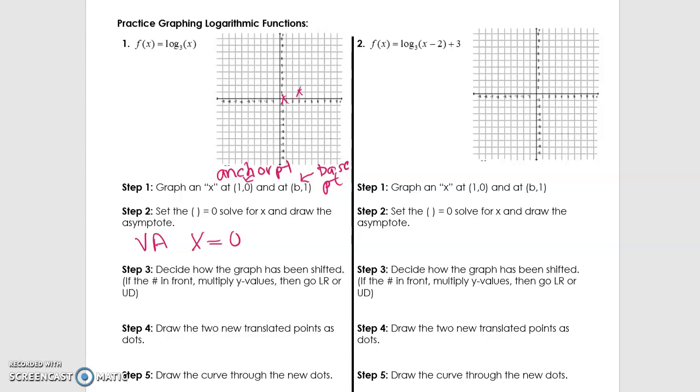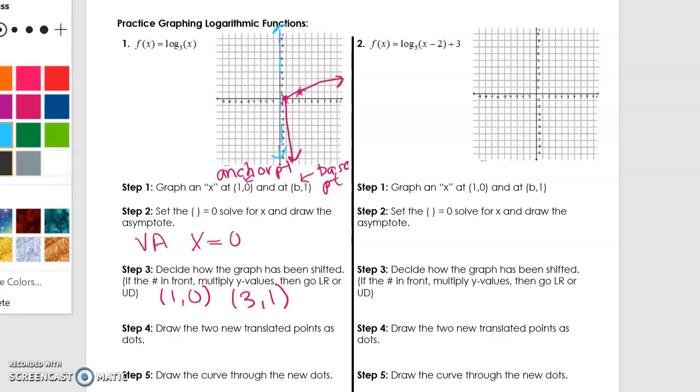So that means my points are definitely going to be (1, 0) and (3, 1). I can fill those in, draw my new dots, and draw in my logarithmic function, making sure I have my vertical asymptote in there as well.